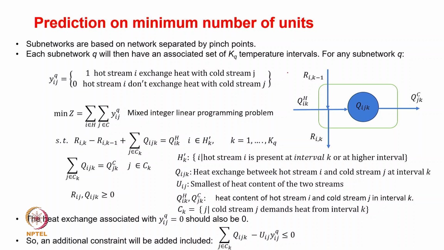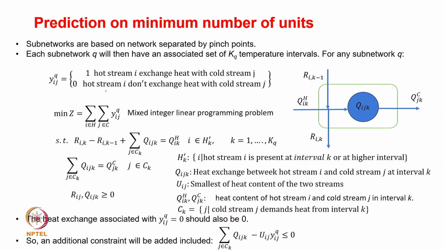For any subnetwork Q, we define a variable yijq that becomes 1 if hot stream I exchanges heat with cold stream J, and 0 if hot stream I doesn't exchange with cold stream J. If hot stream I exchanges heat with cold stream J, it essentially means that there is a connection, that you are bringing in a heat exchanger.